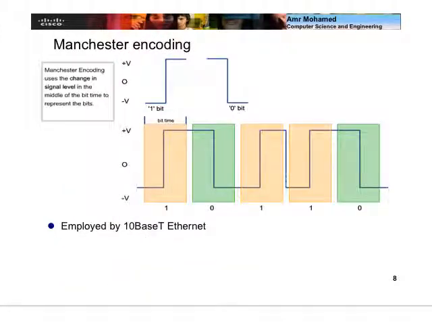To fix this, there is a very common signaling scheme, called here Manchester encoding, but in fact it's a signaling scheme or a signaling mechanism. This Manchester encoding takes the concept of varying phase, or it represents the 0 and 1 using varying phase.